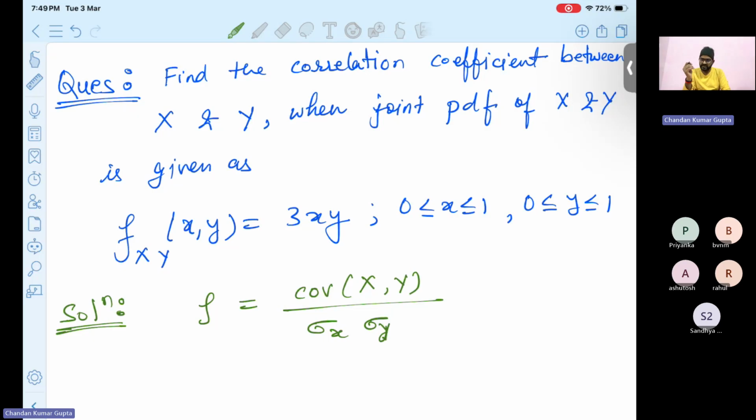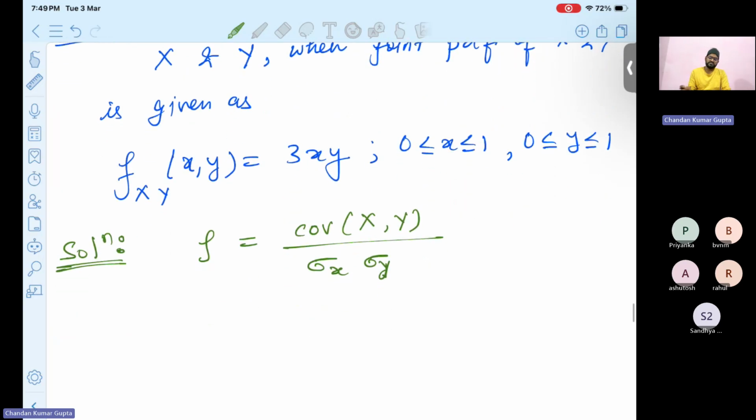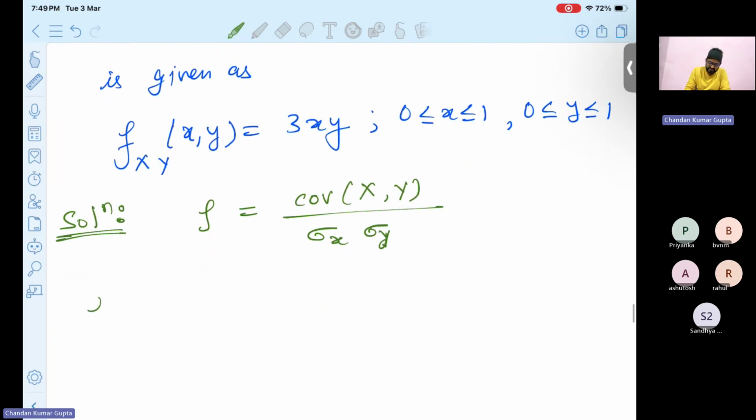We need to find sigma x, and for that we need to find the marginal of x. We need to find sigma y. For that we need to calculate the marginal of y, and since the joint is given, we can calculate the covariance from there only. Okay, so let's start. The first is to find the marginal of x.